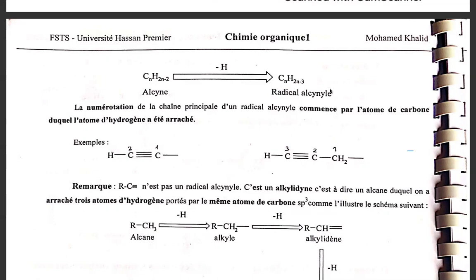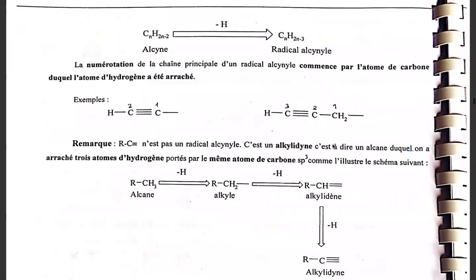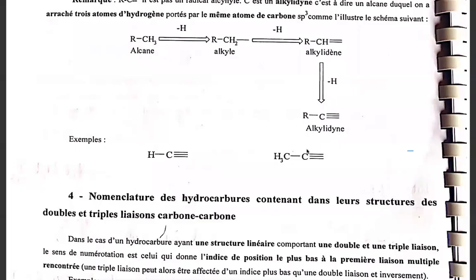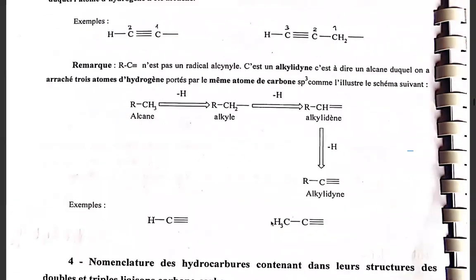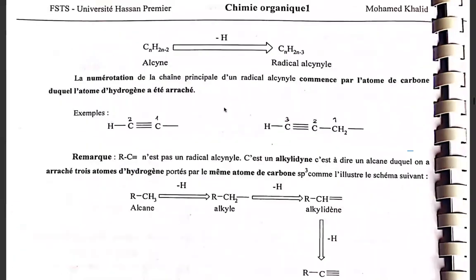The same thing will be done if you have this as your substituent. You are supposed to name it, just like we named vinyl, also known as ethylene, etc. So that is it with the substituents that come from alkyls.